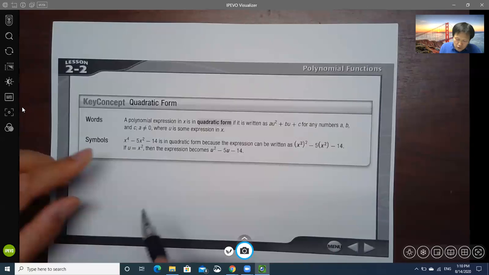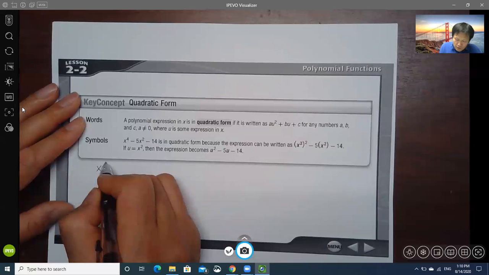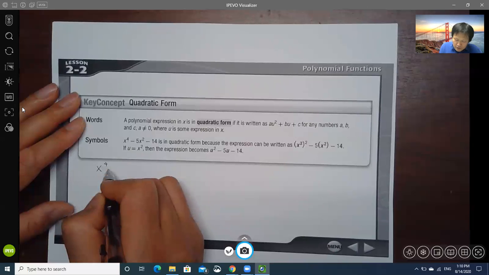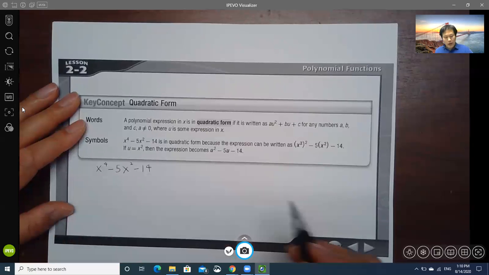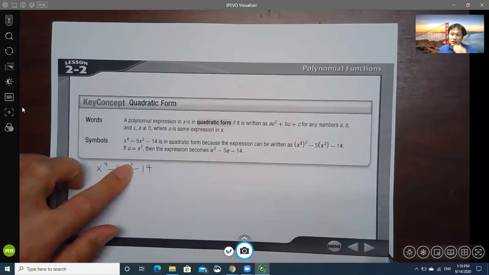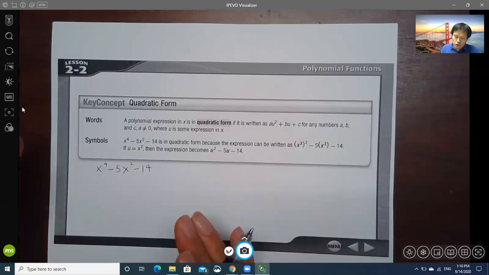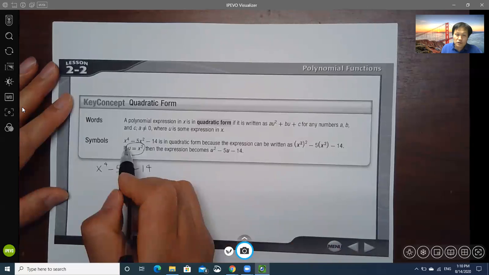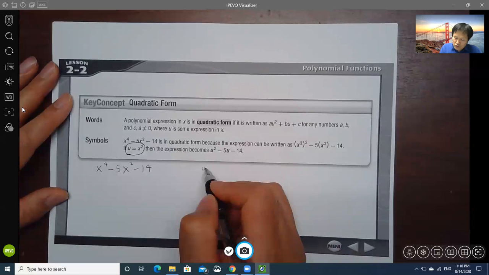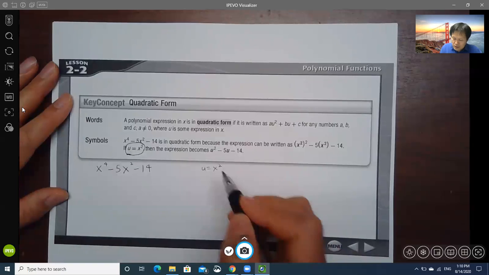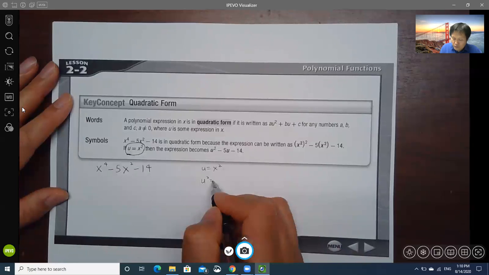So the given problem is x to the 4th minus 5x squared minus 14. For the 4th power, 2nd power, 0th power, in this setting, you could use u equals x squared. Okay? u equals x squared. That means u squared equals x to the 4th power.